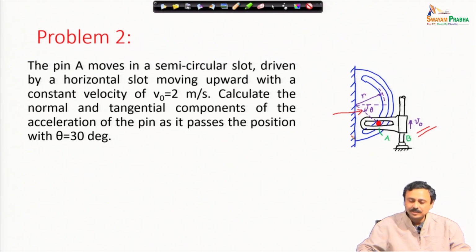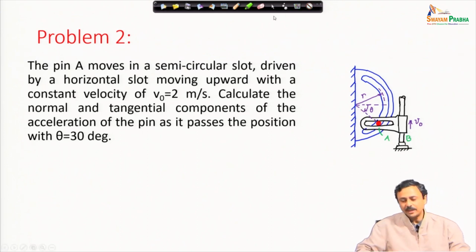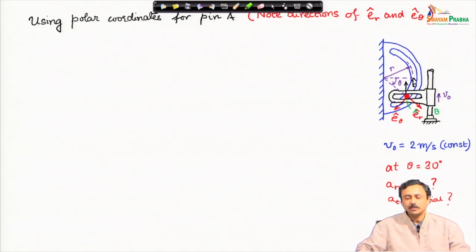So, θ is increasing downwards, therefore, we have to be careful while choosing the coordinate system. Now, here I am using the plane polar coordinates for pin A. e_r is chosen away from the center and e_θ is chosen perpendicular to e_r in the direction of increasing θ.